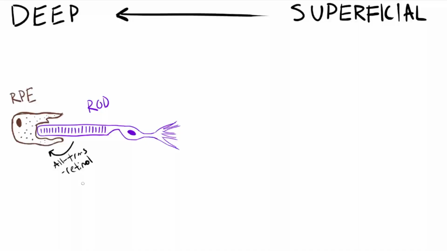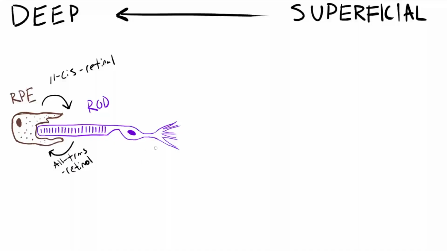The retinal pigment epithelium, if you remember at the very beginning, turns all-trans retinol back into 11-cis retinal. And so this regeneration process actually takes a bit of time. If you've ever noticed walking into a dark room after being inside all day, it takes a while for your eyes to adapt.